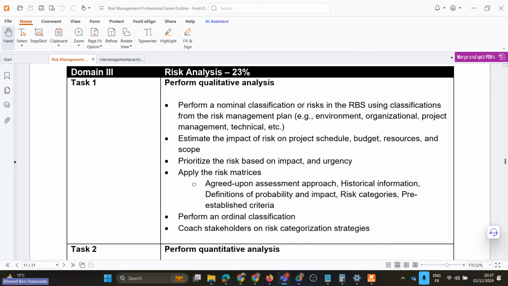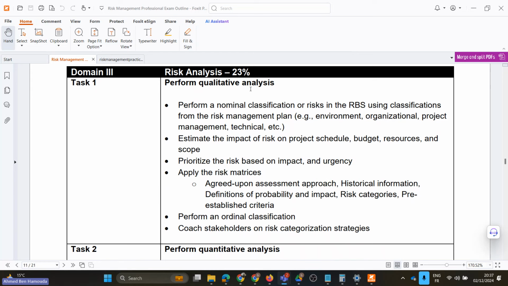Nowadays we can even depend on artificial intelligence for analyzing the probability of the potential occurrence of the risk.